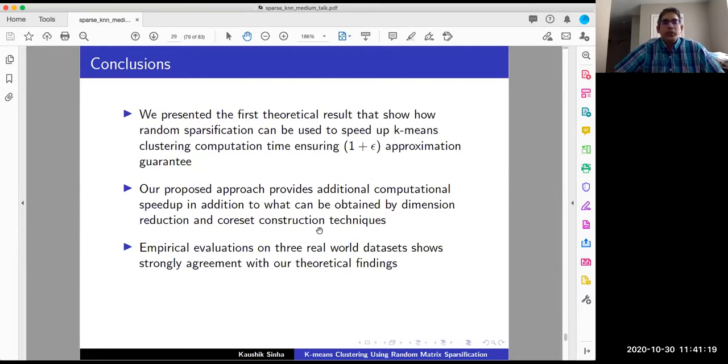You can do your standard dimension reduction technique or coreset construction, which will give you some speedup. On top of that, if your matrix is still dense, you can apply this approach to sparsify even more and get additional computational speedup. Empirical evaluation on 3 different real-world data sets shows strong agreement with our theoretical results.